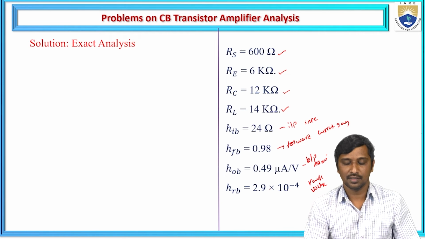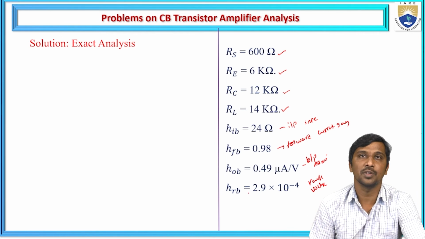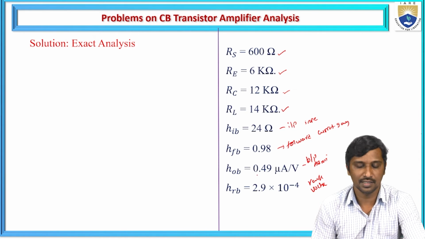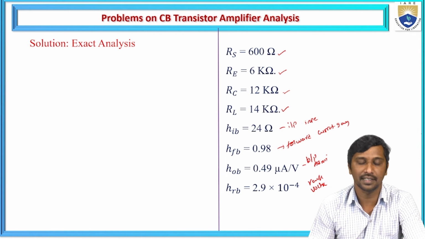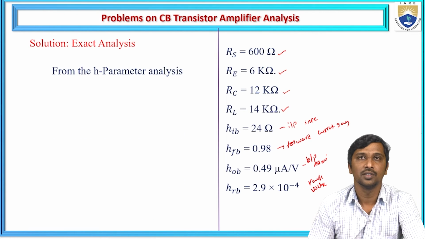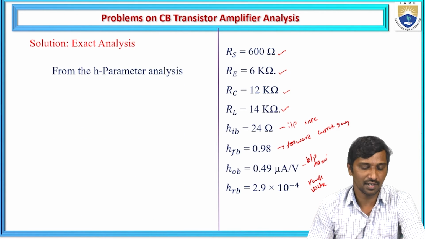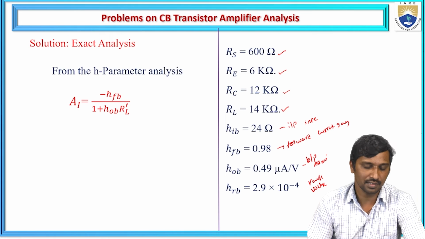So based on these given specifications, now we need to calculate the input resistance, output resistance, voltage gain as well as the current gain by using the exact analysis method. For this case, I am going to consider the H parameter analysis or small signal model analysis.